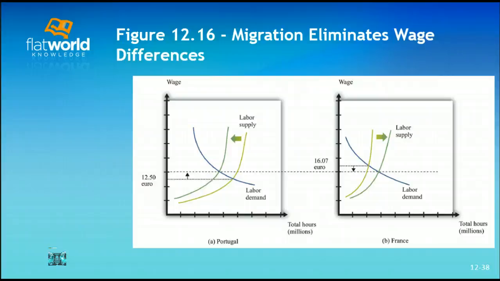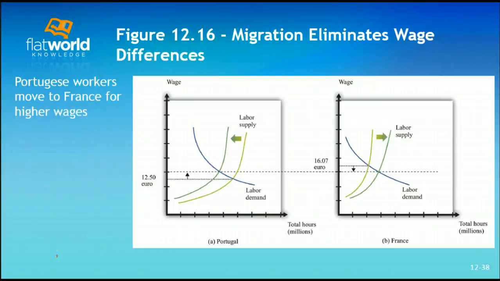If France decided to raise their wage up to 16.07 euros, then what we would find is Portuguese workers would be willing to move to France. So, in Portugal, looking at the first graph on the left, the labor supply would contract. It would get lower, which means the labor supply curve would move back into the left.